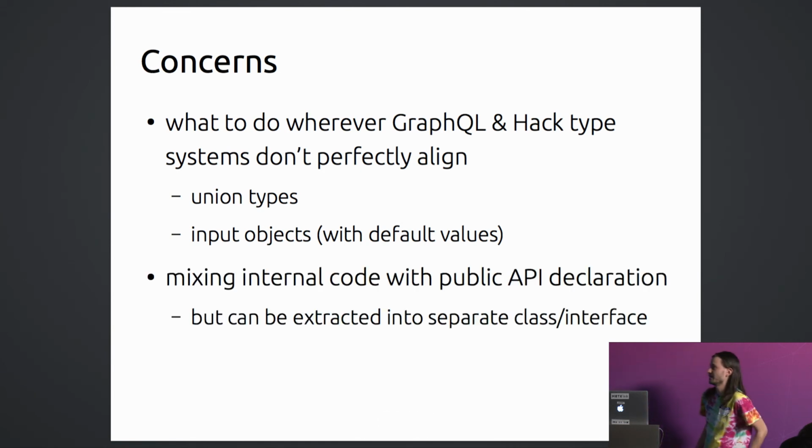Another thing that comes up is that it's not always a good idea to just mix what is essentially a declaration of your public API with your internal code. A very, very valid concern. But on the other hand, sometimes the classes you have already are sort of a public API for your data model, and in those cases, we don't want to force you to write a second declaration just for GraphQL.